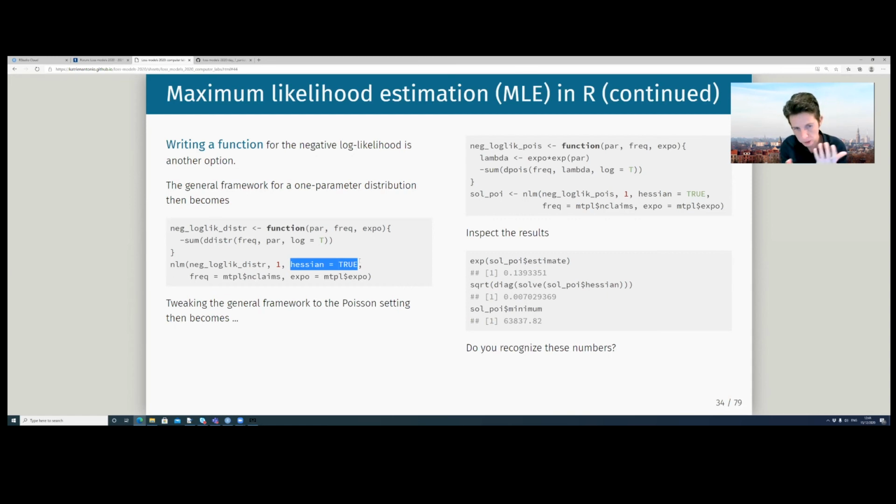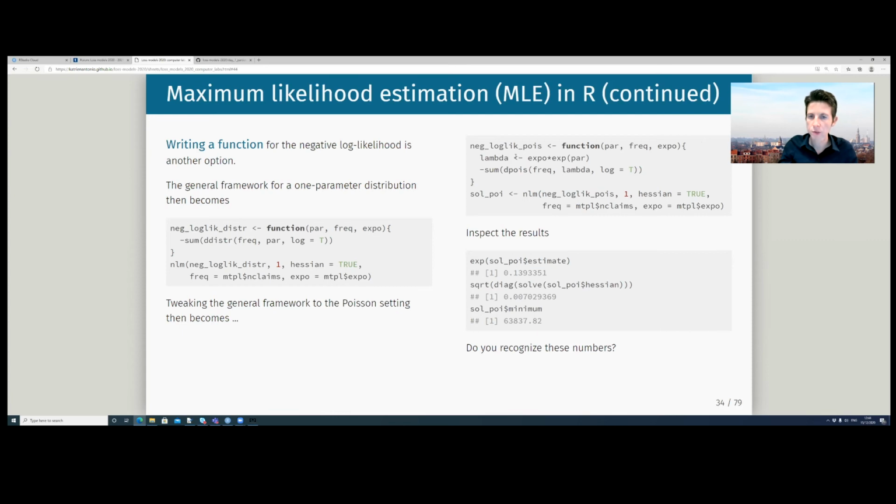That will help us to calculate the standard errors that come with our estimated values, so we'll see that being demonstrated later on. For the frequency, I give the number of claims from the MTPL dataset. For the exposure, I give the exposure listed in the dataset. So if you tweak this general framework to the Poisson, you'll get an implementation like this.